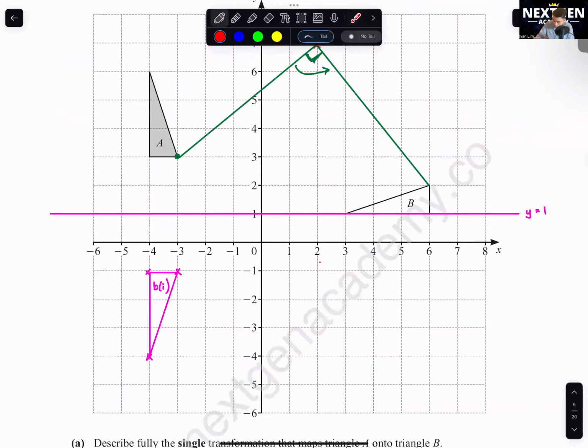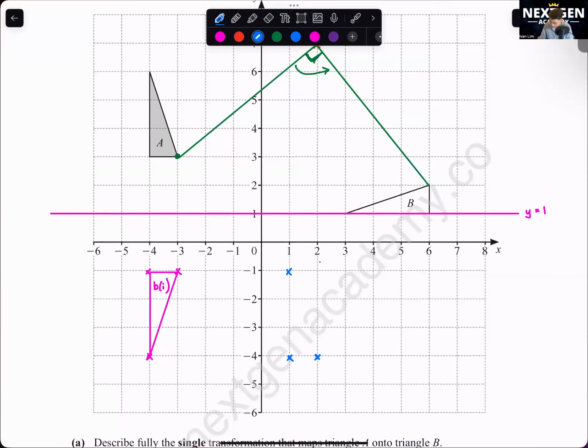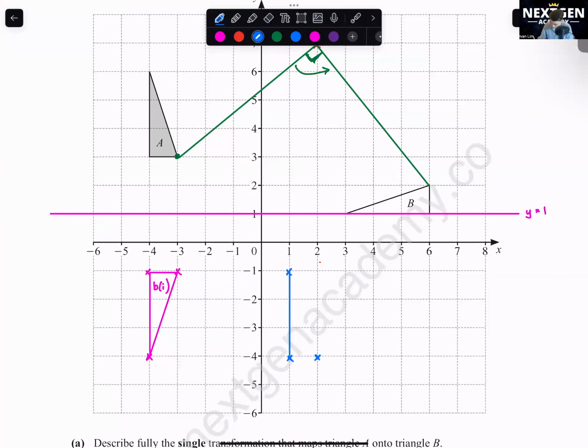Okay, so like that. We do 1 point. 1, 2, 3, 4, 5, then 1, 2, 3, 4, 5, 6, 7. This point here, and you just draw the same exact shape. Like that. Okay, this is B2.